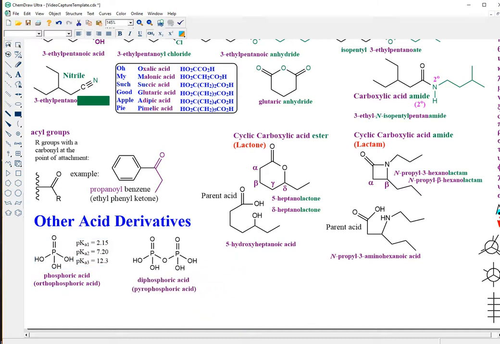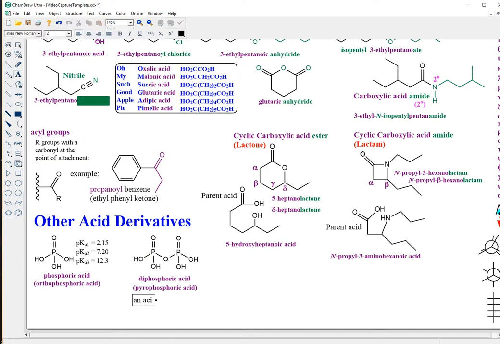You'll notice diphosphoric acid is an acid anhydride of phosphoric acid. Another name for diphosphoric acid is pyrophosphoric acid. You'll be seeing these extensively as you further your studies in biochemistry.